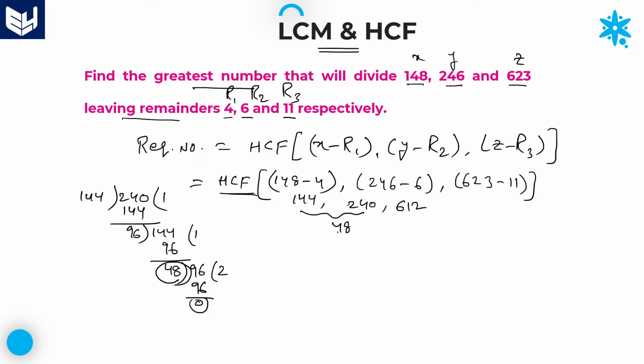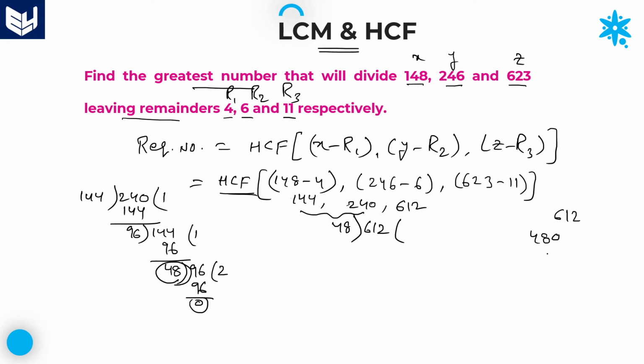Now you can go with this 48 and the third number. Divide 612 with 48. How many times will it go? Let us take 10 times, that is 480.